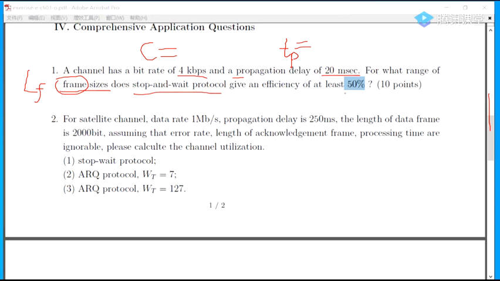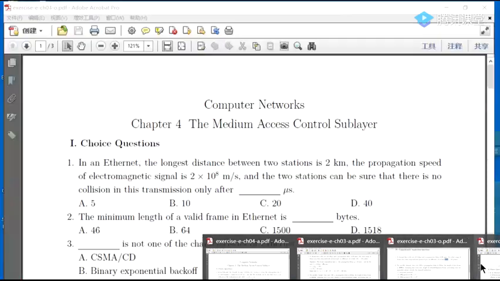The efficiency is at least 50%, meaning larger than or equal to 50%. So let's look at the answer.